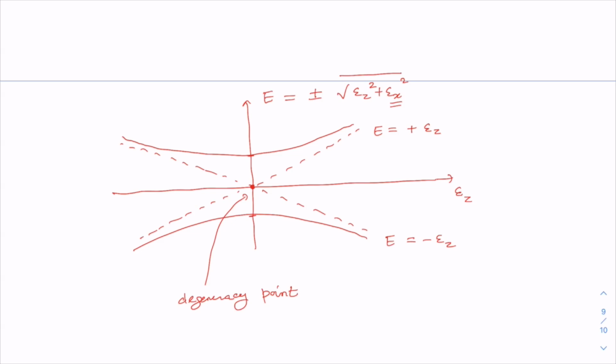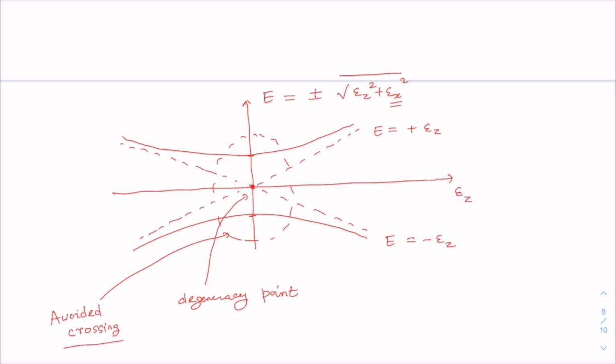These two energy levels are no longer crossing, and this particular area where the crossing is avoided is known as the avoided crossing.